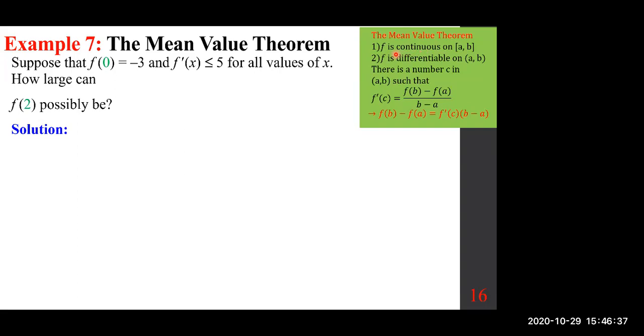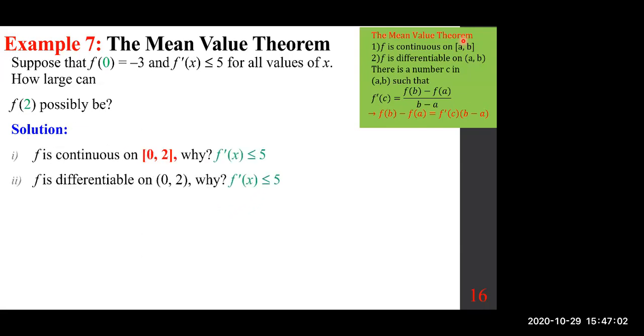If it says f prime is less than or equal to 5, that means it's differentiable. And if it is differentiable, it must be continuous, not the other way around. I hope you remember that. Any function which is differentiable is also continuous. Therefore, we have the first two.